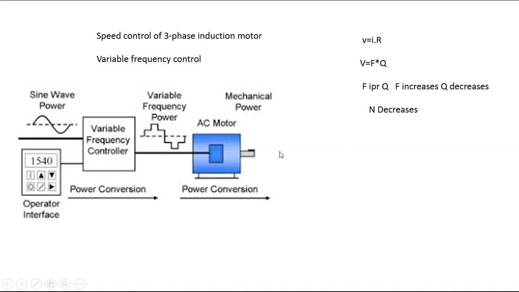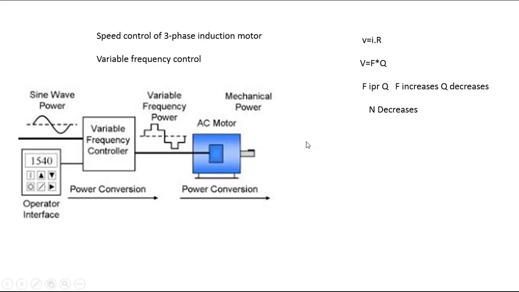The speed of the induction motor also increases. And the reverse case. If frequency increases, what's going to happen to magnetic field? Magnetic field decreases, and hence the speed of the machine decreases. As the magnetic field decreases, the speed starts to decrease.